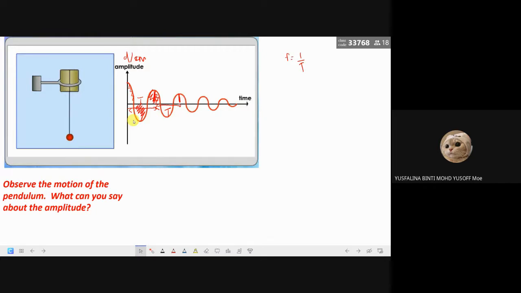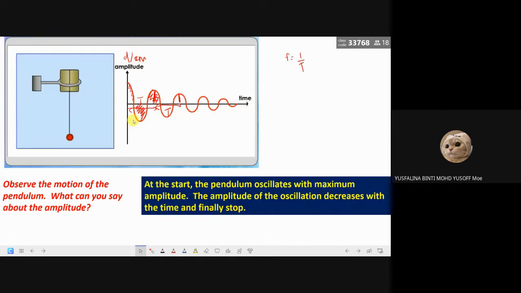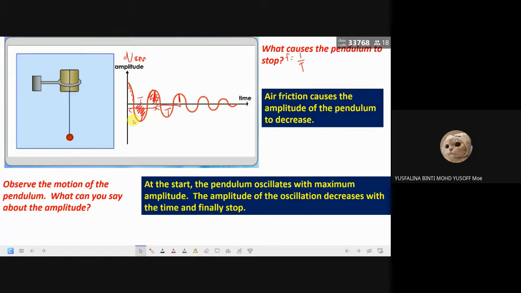Observe the motion of the pendulum. What can you say about the amplitude? At the start, the pendulum oscillates with maximum amplitude. The amplitude of the oscillation decreases with time, and finally it will stop. What caused the decrease of the amplitude?